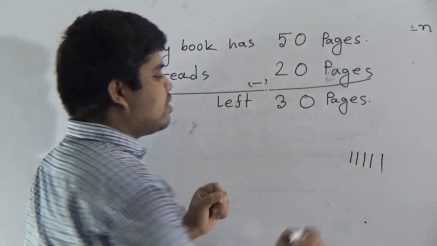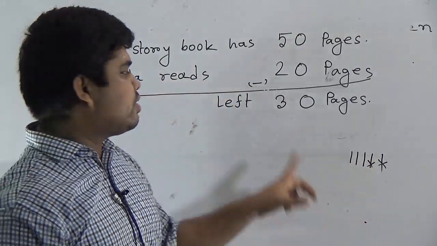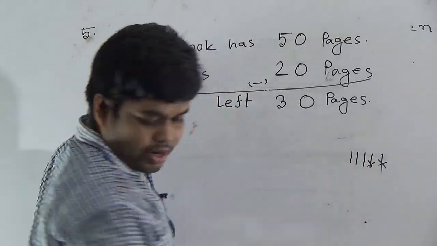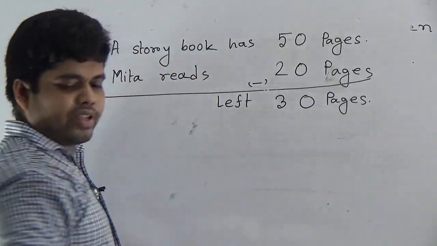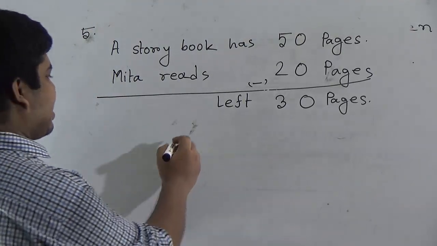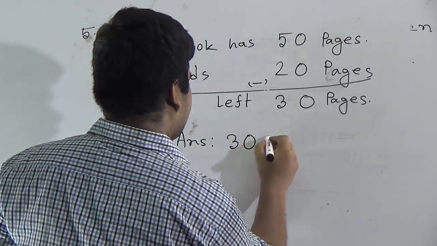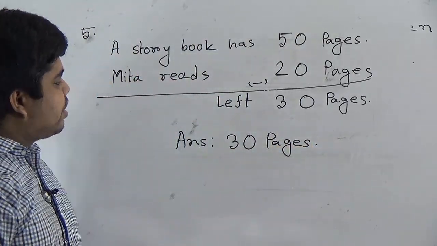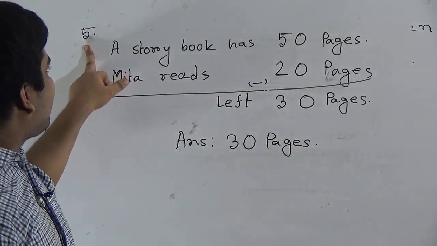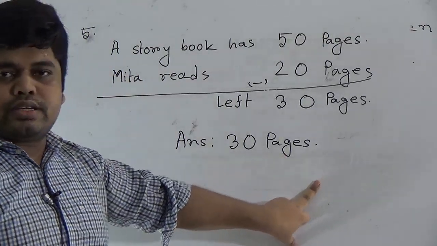Now we cut 2 sticks, 1 and 2, left 1, 2 and 3. So 3. Here you notice 30 pages left and this is the answer. So you must write the answer after solving questions. Otherwise some marks are deducted from your answer script. So question 5 has the answer: 30 pages left to read for Mita.